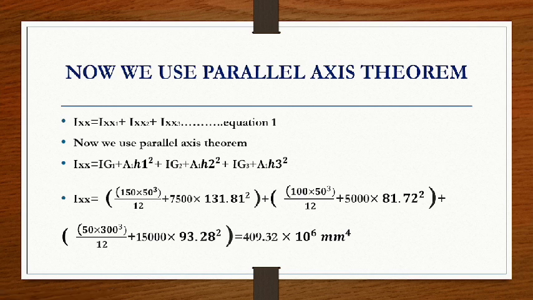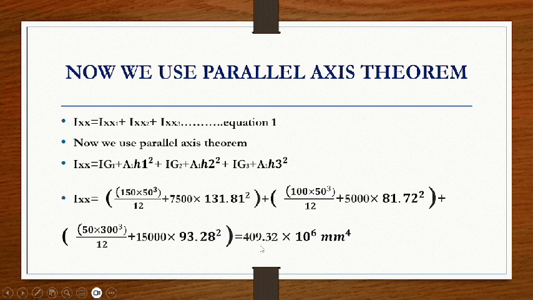Now we use the parallel axis theorem. Ix equals Ig1 plus area 1 h1 squared, plus Ig2 plus area 2 h2 squared, plus Ig3 plus area 3 h3 squared. Ix equals bd cubed over 12 plus area 1 h1 squared, plus bd cubed over 12 plus area 2 h2 squared, plus bd cubed over 12 plus area 3 h3 squared.